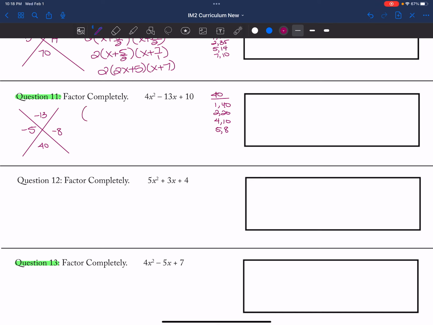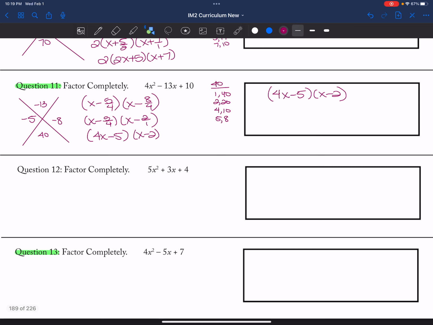So I have x minus 5 over 4, and I have an x minus 8 over 4. Okay, so x minus 5 over 4 and x minus 2 over 1. So bring what's in the bottom to the top, so I have a 4x minus 5 and an x minus 2. Ooh, boy. My 4 is like all weirdo. 4x minus 5 and x minus 2.